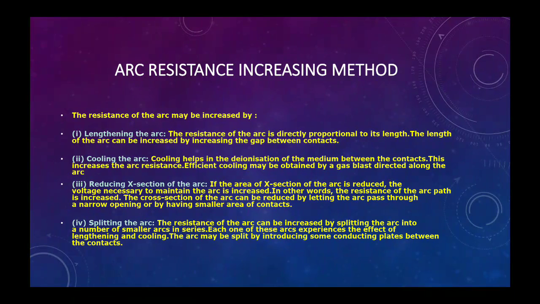The arc may be split by introducing some conducting plates between the arcs. If we place some series plates between the moving contact and fixed contact of the circuit breaker, then we can split the arc, and by this method the arc resistance can be increased.